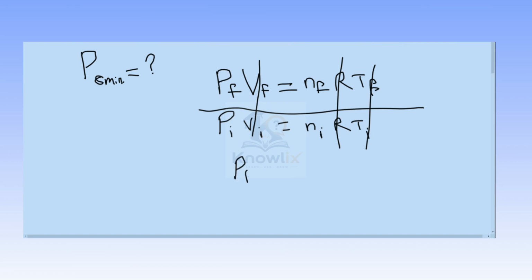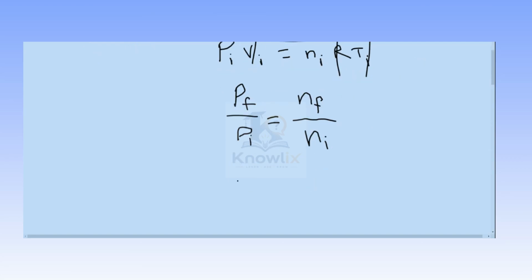So the final pressure compared to the initial pressure is the same ratio as the amount of moles we end up with versus the amount of moles we started off with. So we can find out the pressure if we know the ratio of the moles.